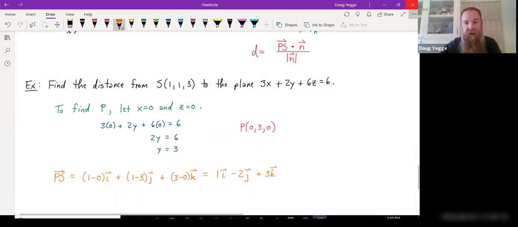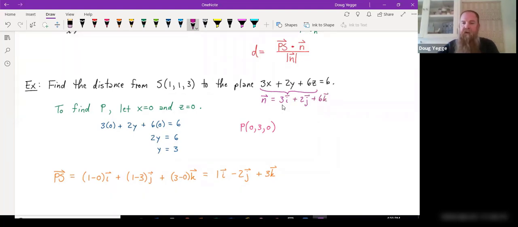All right, so we have PS, but we don't have n. That's something else we're going to need. But remember that we technically do have n, because if we're given the plane, the coefficients tell me what the normal vector to the plane is. So I know that the normal vector is 3i plus 2j plus 6k, which means we're now ready to use our formula that we need.